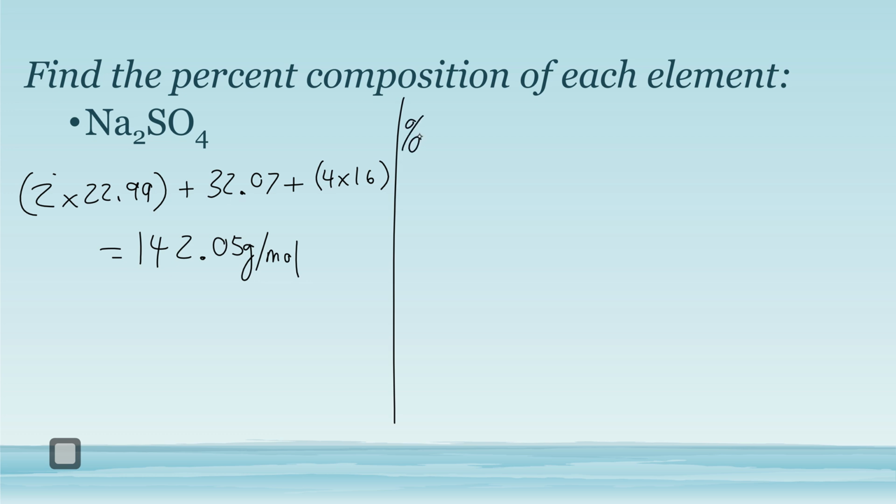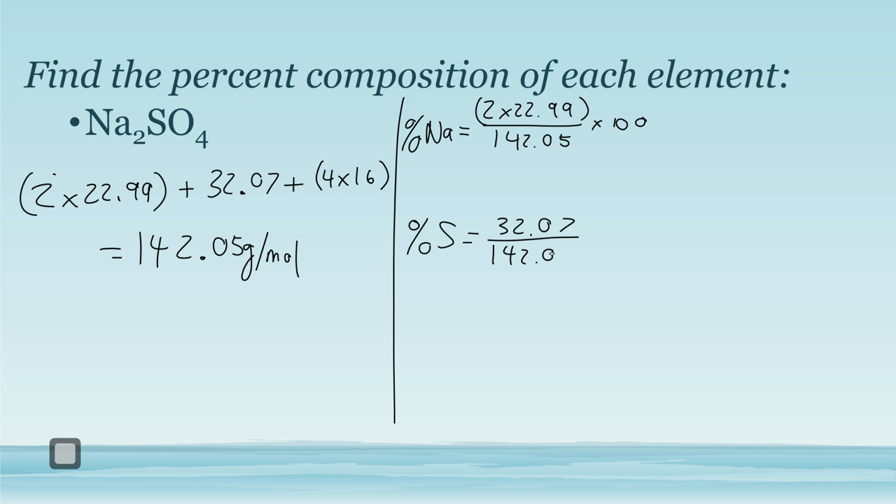So the percent sodium will be the 2 times 22.99 over 142.05 times 100. I'm actually going to write the other ones out to get them all done. Percent of sulfur would be 32.07 divided by 142.05.